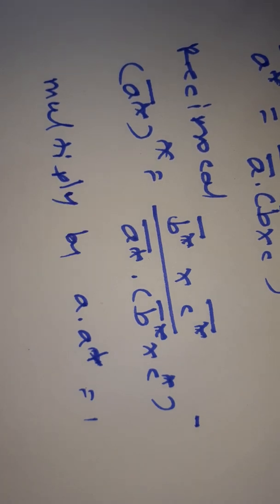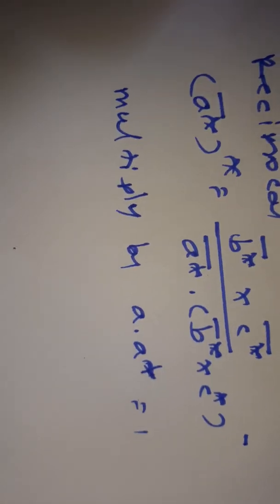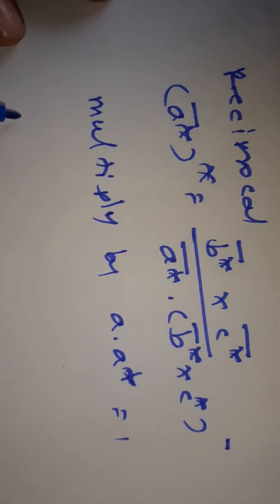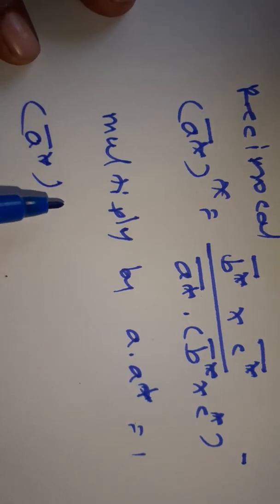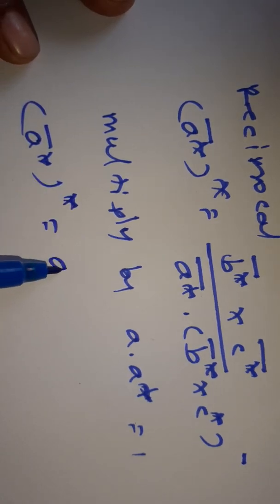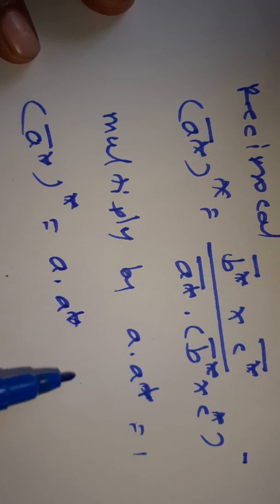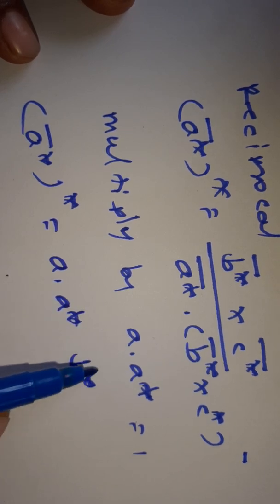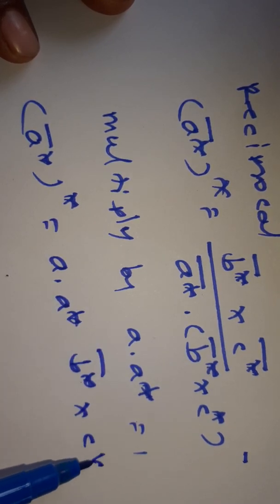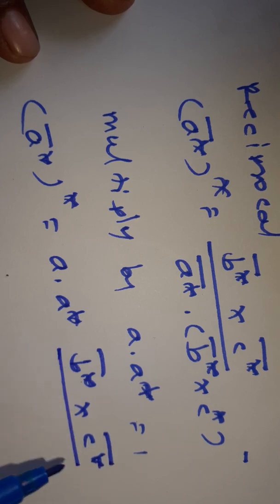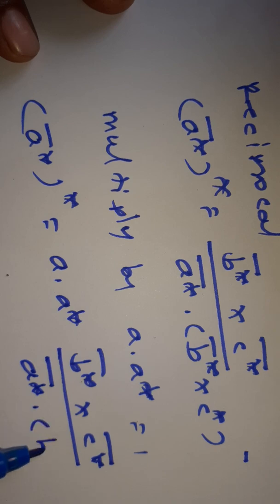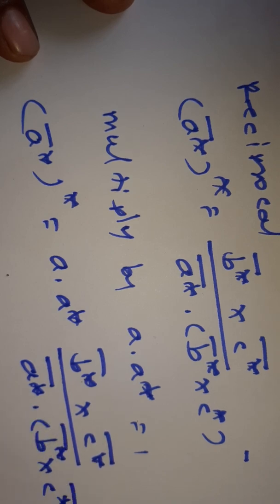If you multiply by 1, there is no change in your equation value. So if you multiply this, we got A complex B complex C complex divided by A into B into C.